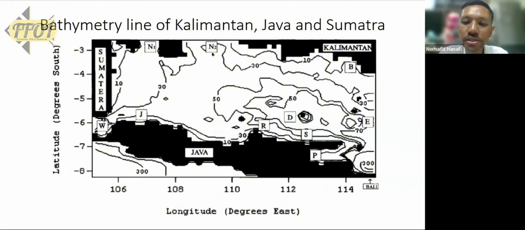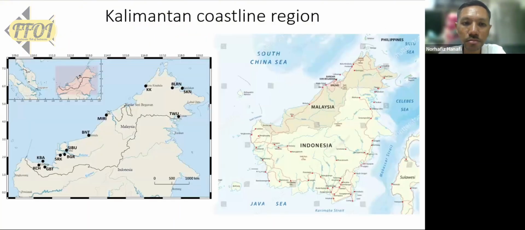So this means Java Sea is quite shallow. So it's a quite suitable habitat for Sciaenidae. Johnius, memang very suitable. So that means we have to come up the research for the Sciaenidae. So it's quite important. So kita ada relevant why we conduct the research study in these three places.